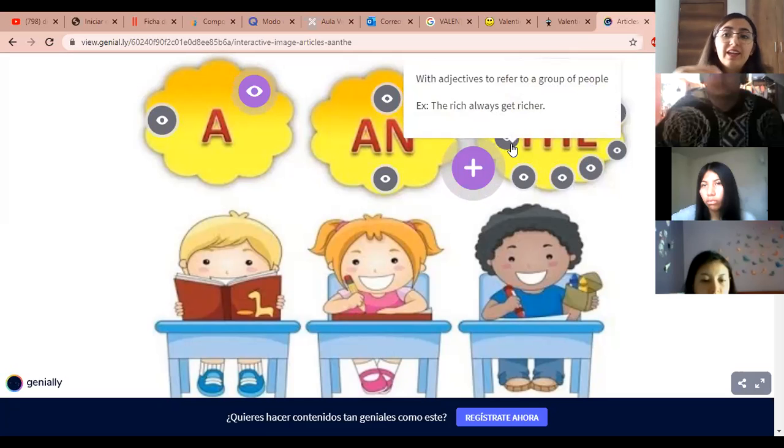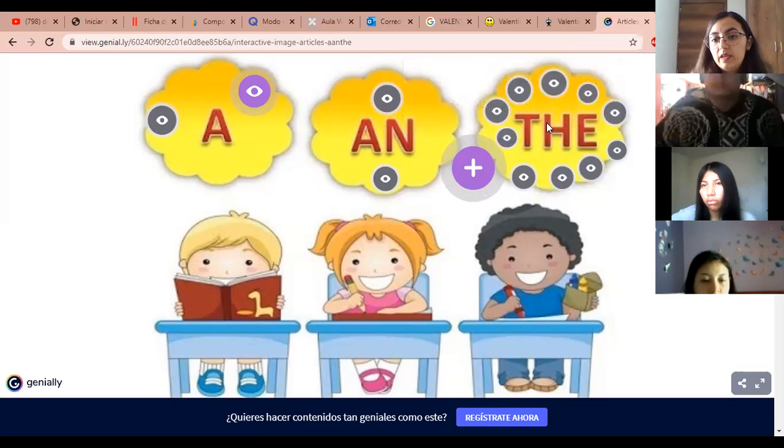Generalmente hablamos en general, ¿no? Los ricos, los pobres, los ancianos, los jóvenes. Y en ese caso nosotros estamos utilizando un adjetivo para referirnos a un grupo específico de personas. Y en ese caso, pues vamos a ocupar el artículo the antes de ese grupo de personas.